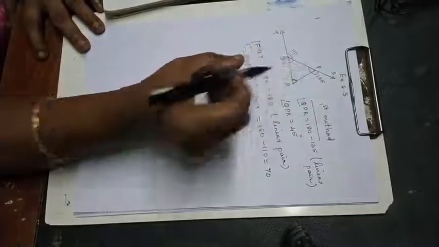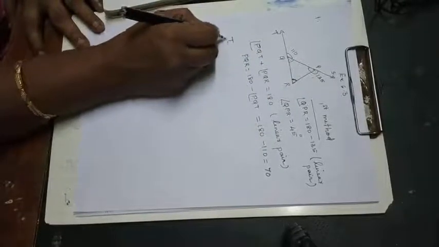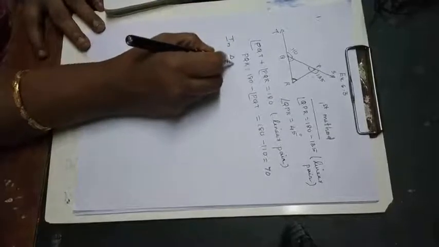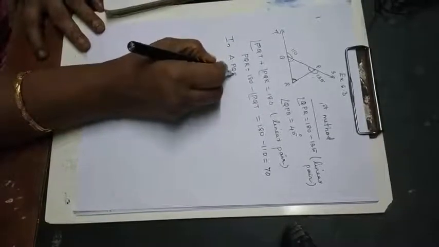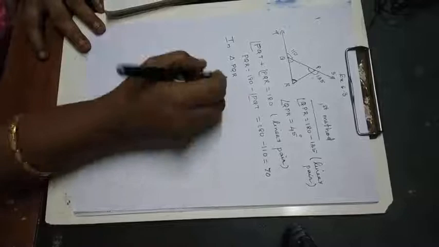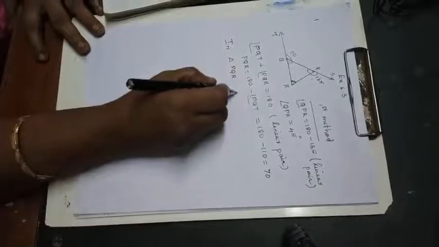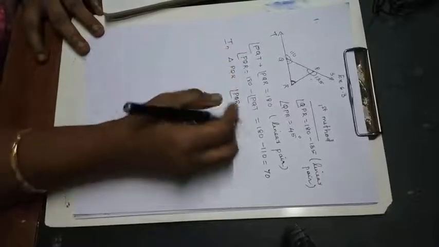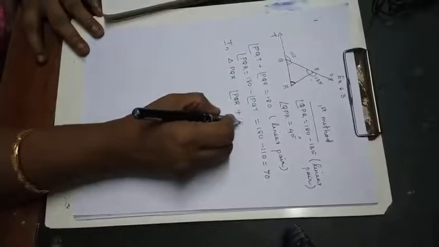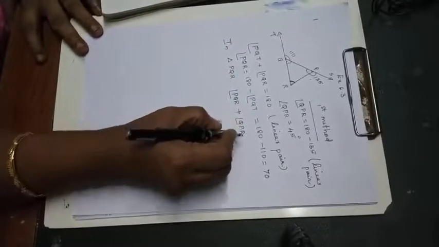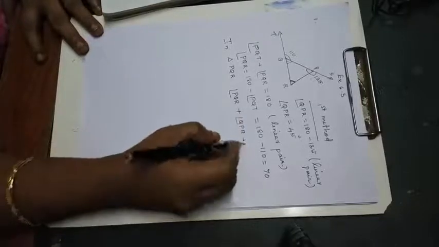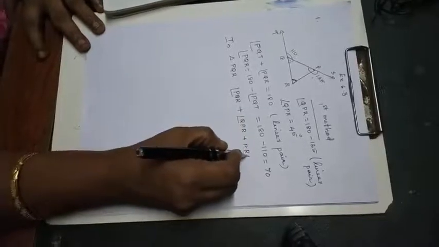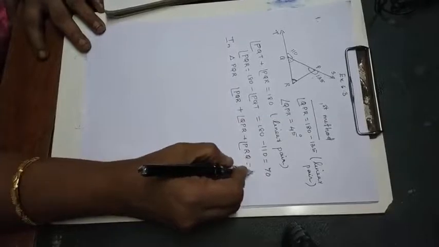So in triangle PQR, angle PQR plus angle QPR plus angle PRQ equal to 180.